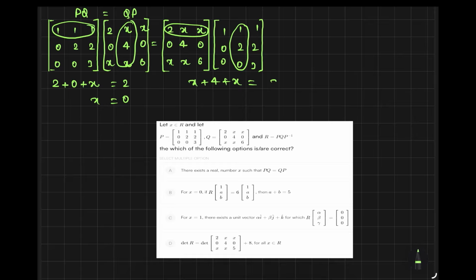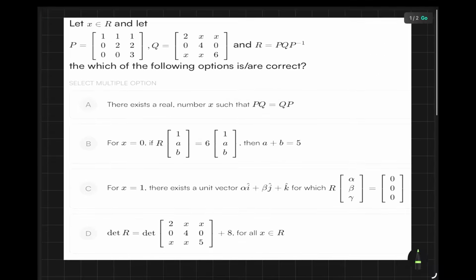So you got 2 plus 2x. So you got 4 equals 2. This is not possible, right? You got my point? This is giving you an absurd value. If you are getting any value of x, it should satisfy everywhere. This means option A is wrong. Is that clear?